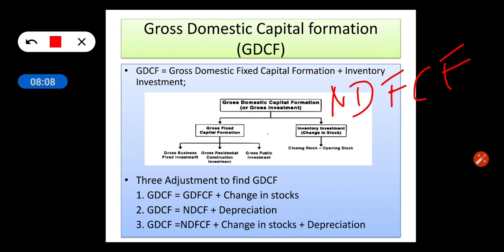Like I have mentioned earlier, our ultimate goal is to find the value of GDCF, right? So we have to convert NDFCF to GDCF. To do that, we have to add change in stock and depreciation to your NDFCF to get GDCF. Okay, so these are your adjustments. You have to remember this formula.